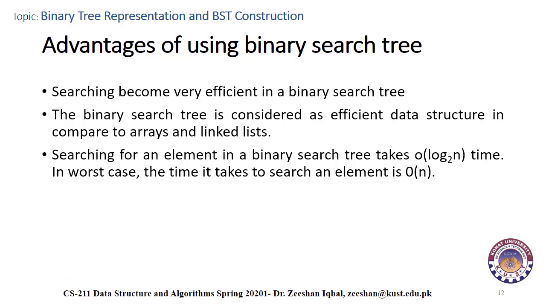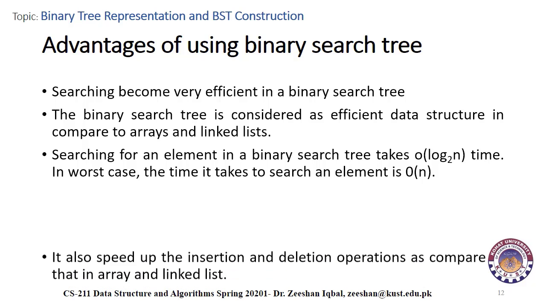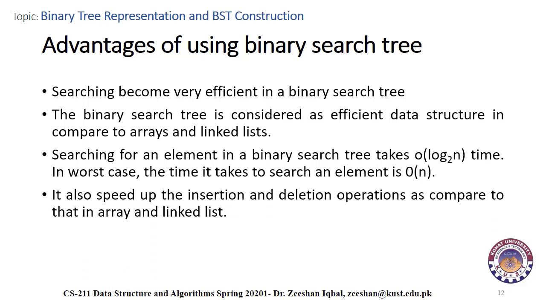Searching for an element in a binary search tree can take log n to the base 2 time. In the worst case scenario, the time it takes to search an element is n. Insertion and deletion operations can also be sped up compared to those in arrays and linked lists.